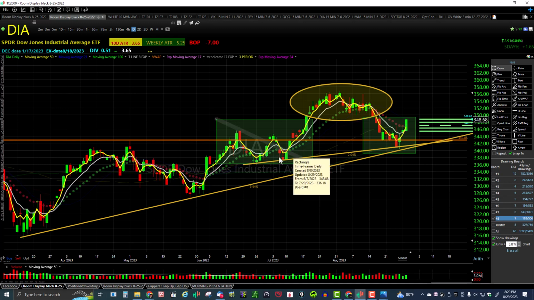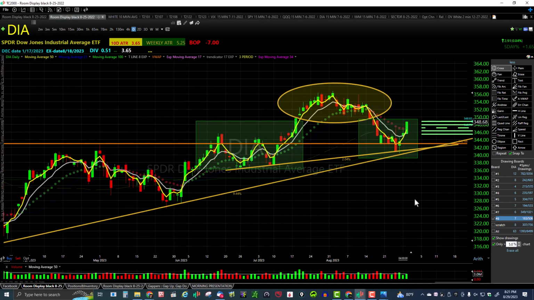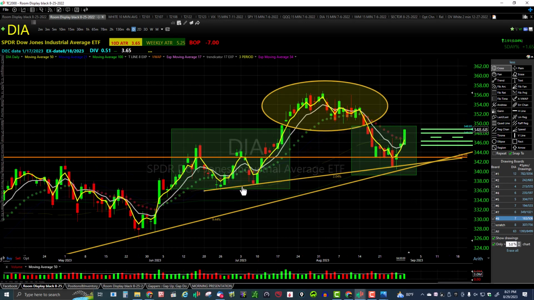When major support is broken, it's all over. It's going down. If a stock breaks major support, the trend is now down. That's why you have your neckline drawn from this major support area to this major support.